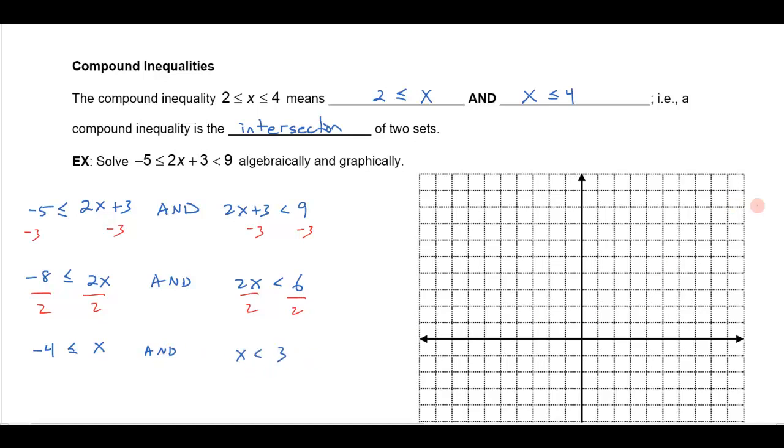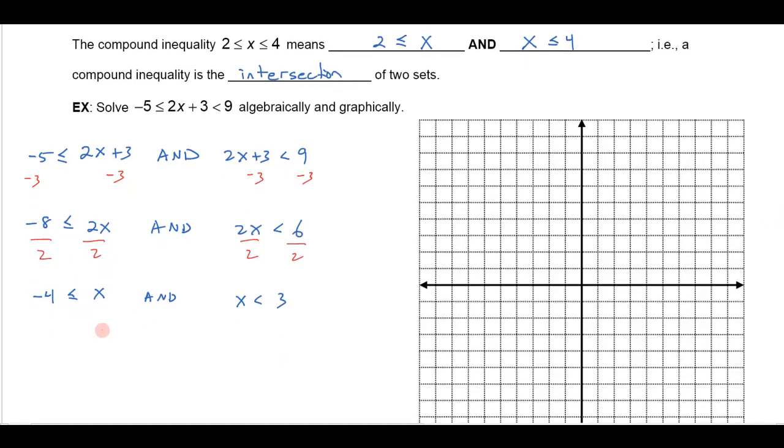Alright, so if I think in terms of a number line where the x's are greater than or equal to negative 4, that would be these. Here's negative 4. The x's that are greater than or equal to that would be these values.